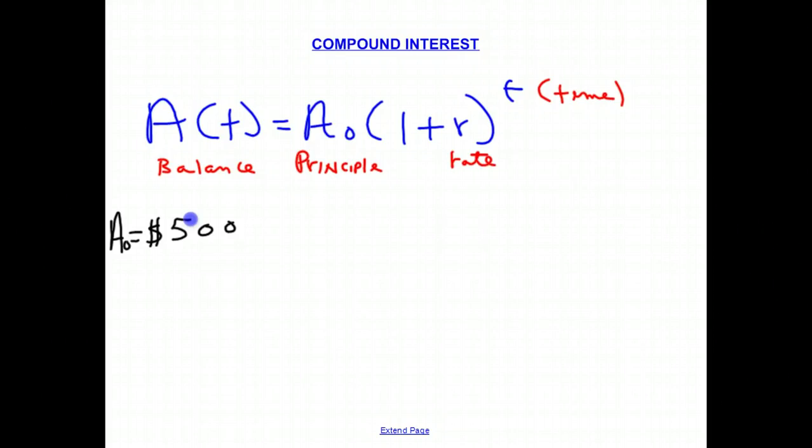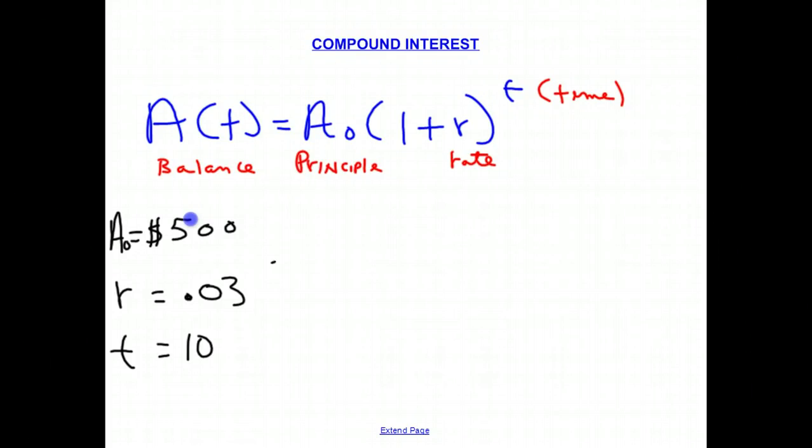And let's say we have a rate, which will be our r, which let's say is 3%. And let's say we want to find how much money we have after 10 years.